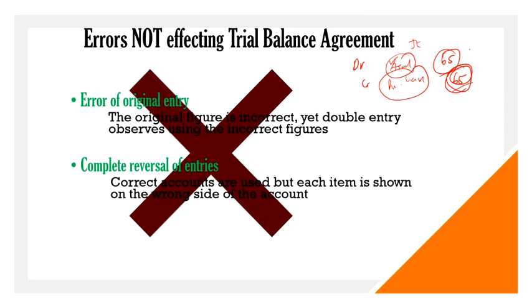It means the amount is the same, just the wrong account side. For example, we pay account payable, so the correct entry is debit account payable and credit cash.